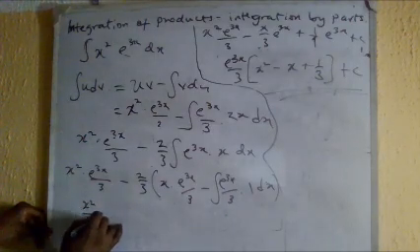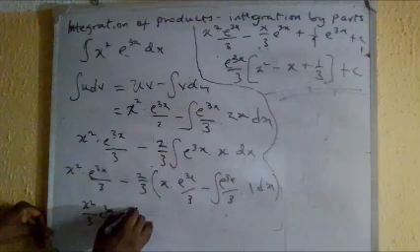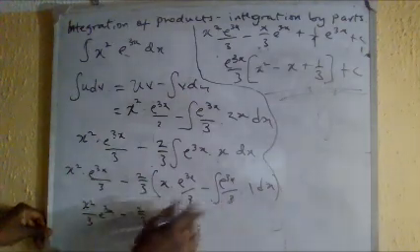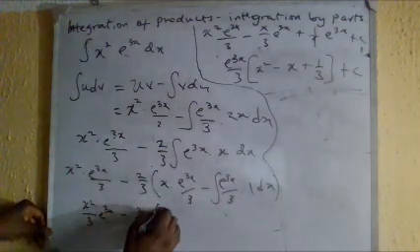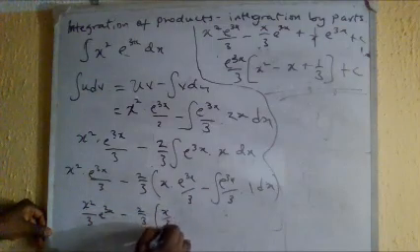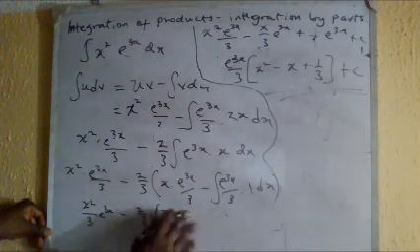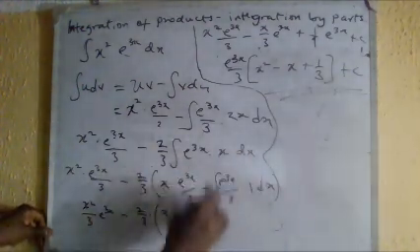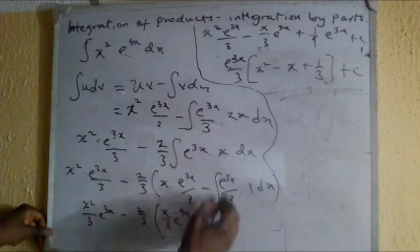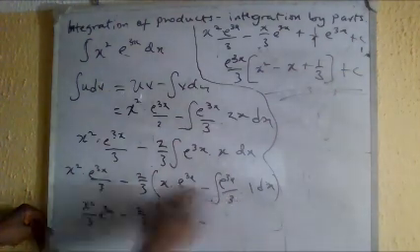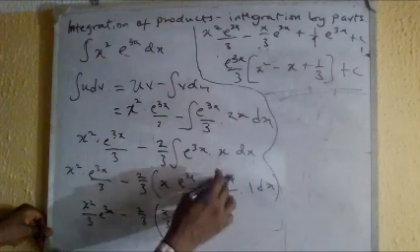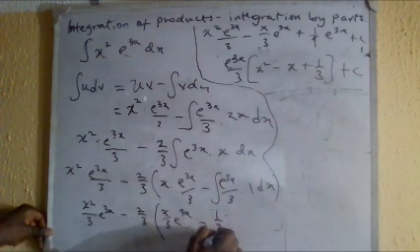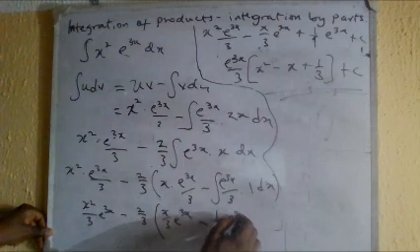So here now I will have x over 3 exponential 3x, then minus. So this one can be integrated, this is a constant, so let it come outside. So if I integrate what is left, I will now have 1 over 3 dot exponential 3x over 3. Just follow me.